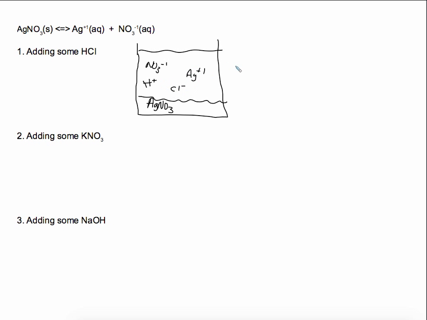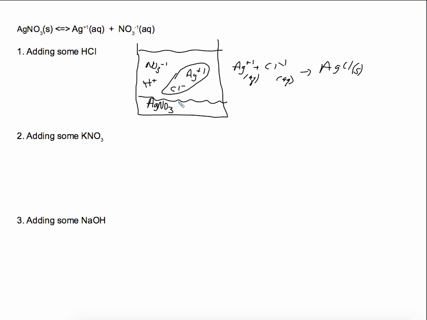Now, if we add some HCl, what will happen is the Ag+ and the Cl-, they're both aqueous, will go together and make silver chloride solid.